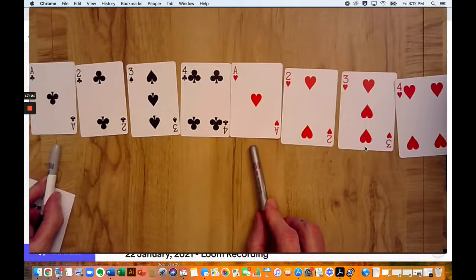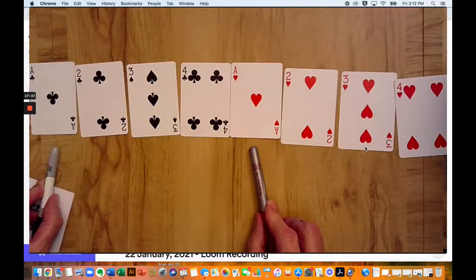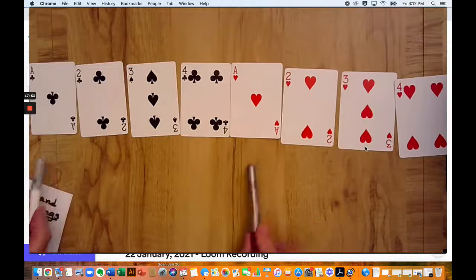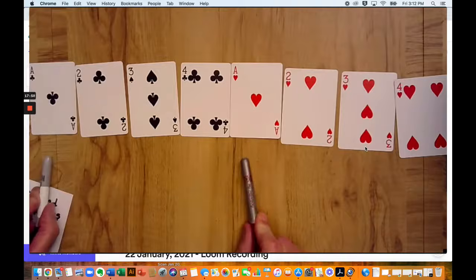Okay, so let's focus on the aces for a second. Look at their positions. This is position 1, this is position 5. Is it true that 1 is congruent to 5 mod 4? It is, because 5 divided by 4 gives you a remainder of 1. Same thing here. Divide 1 by 4, and you get a remainder of 1. So these are congruent modulo 4. So what that would mean is the boxes 1 and 5 are related by our positional relation.